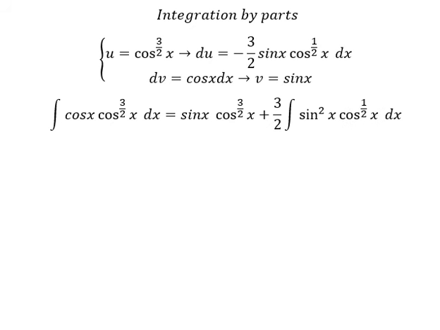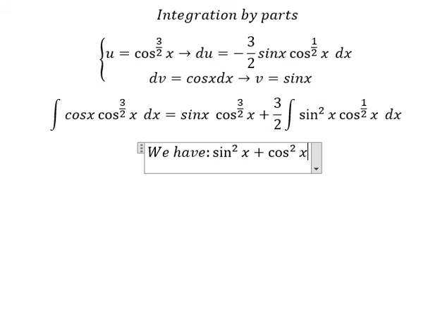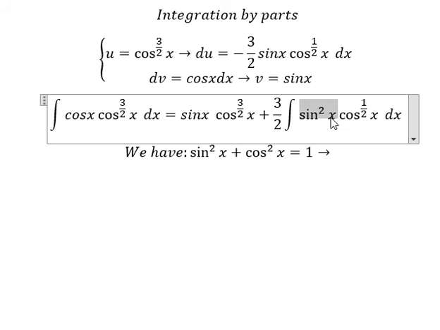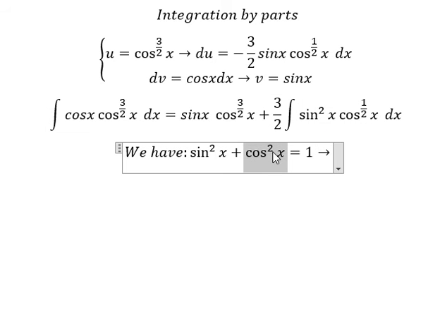Next, we have the second formula in here. Sine s squared plus cosine s squared equals number 1. So, because we have sine s squared, I will put this one go to the right.